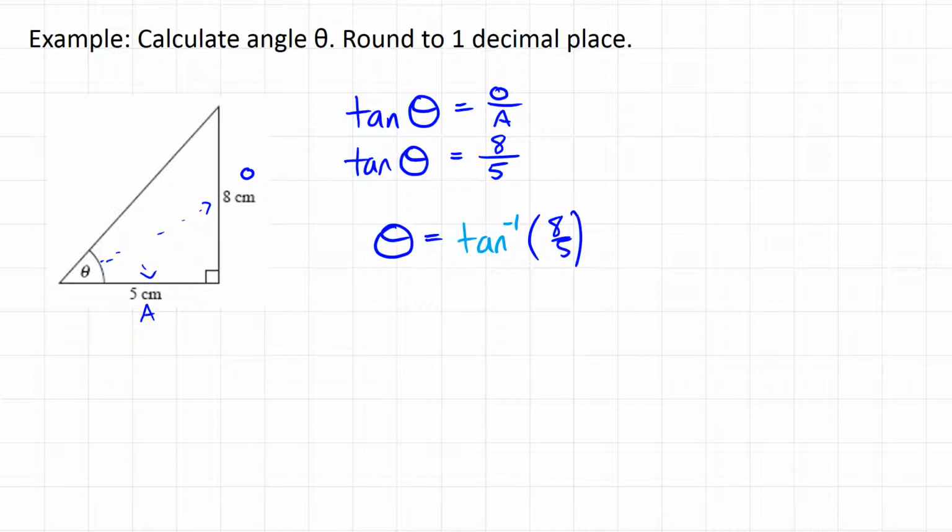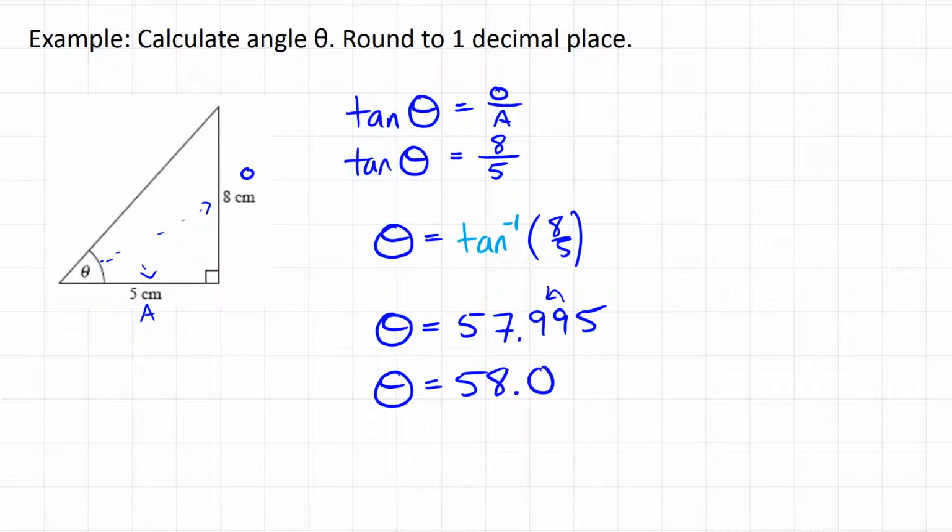But either way, if we type that in, we should get that the unknown angle theta is equal to 57.995. So we're asked to round to 1 decimal place. In order to round that to 1 decimal place, this 9 is going to make the other 9 round up. So angle theta is 58.0 degrees.